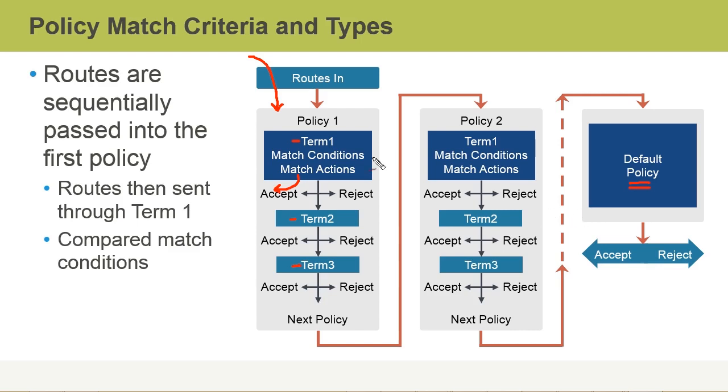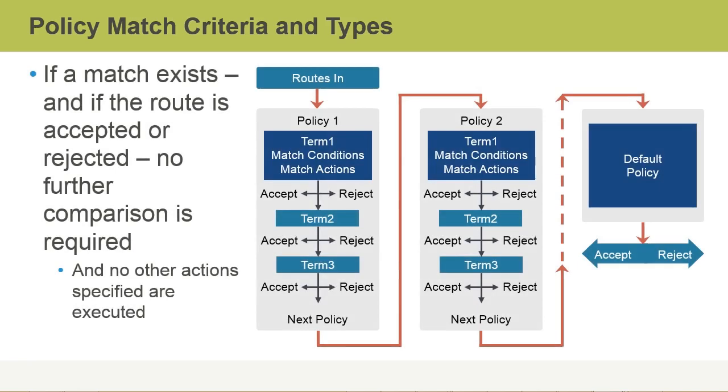In this case, it would be an import policy because information's coming into the router, and let's say that it is OSPF, so by default it would accept that information. So there is a default accept action on import policies for OSPF and RIP, but by comparison, export policies are rejected by default for those two protocols. So that's the idea of how the policies and terms work.